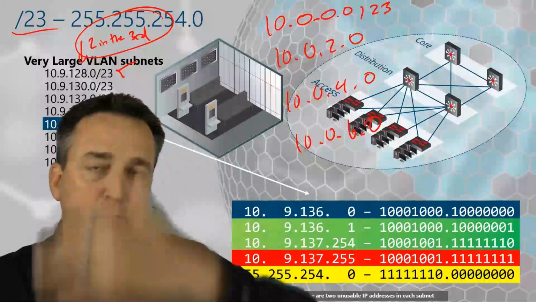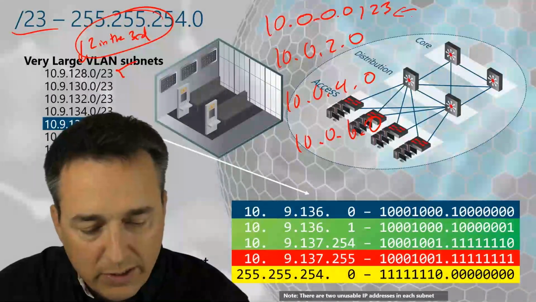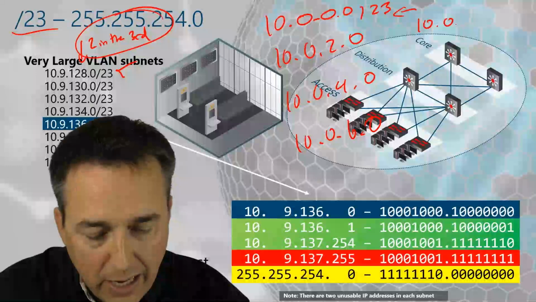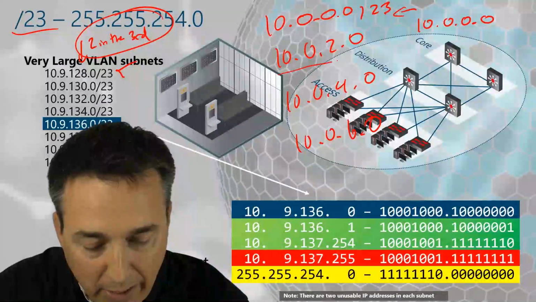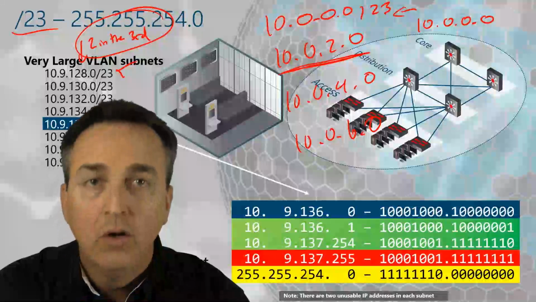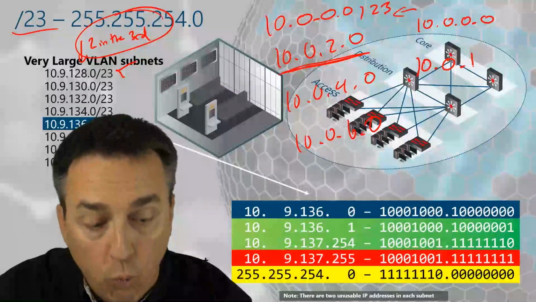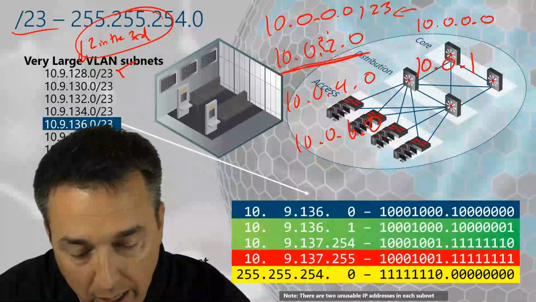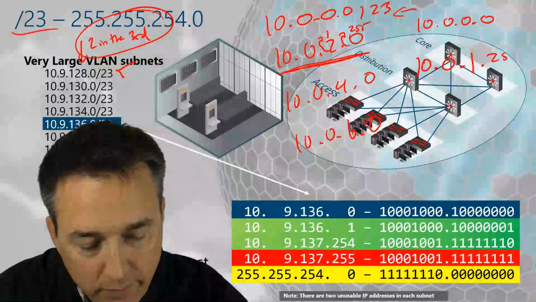So by understanding what you're progressing by in your subnets, it allows you to figure out what's going on. When you think about this subnet, that's every address from 10.0.0.0 all the way to what? Well, if the next network ID is 10.0.2.0, roll that back. The 2 becomes 1, and then roll the 0 back and you get 255.